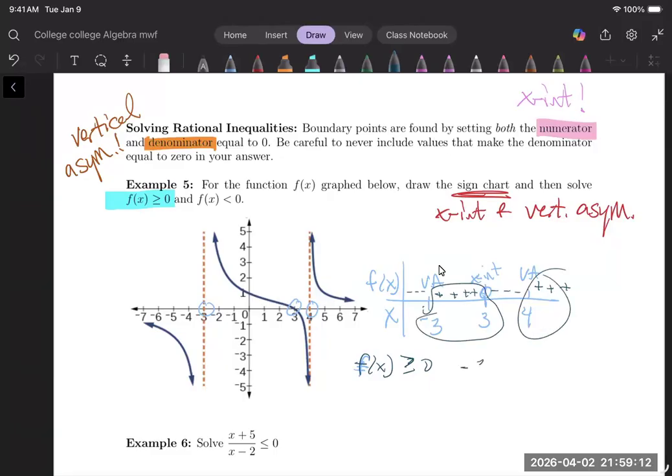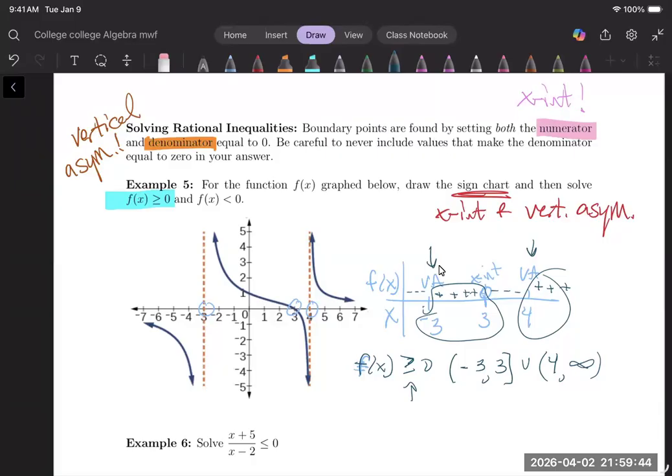That is -3 to 3 union 4 to infinity. But this is where it's important, personally, for why I need to note what is a vertical asymptote and what is an x-intercept. Because with the or equal to, I put a bracket around 3 because I'm equal to 0 there, but a parenthesis around -3 and 4 because that is where we have the vertical asymptotes.